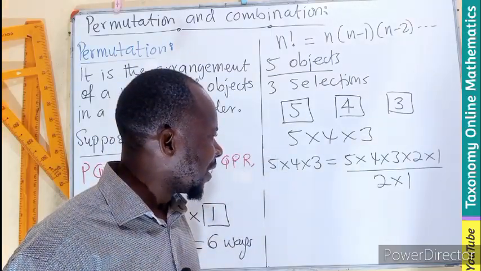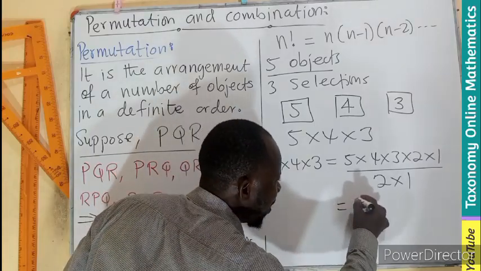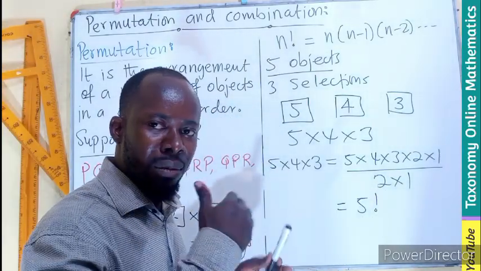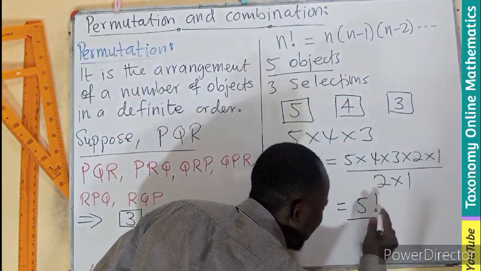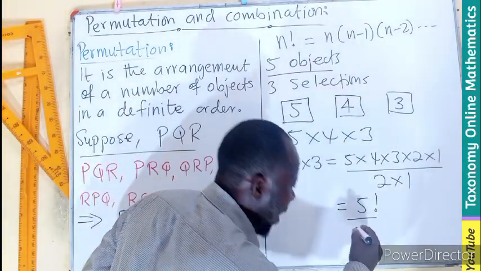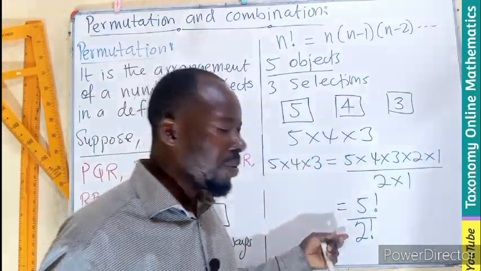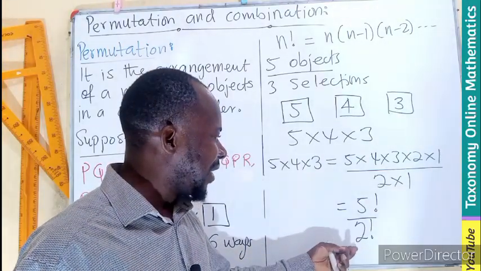Then what will be next? I can see that the numerator here is just defining 5 factorial, because from 5 to 1, we multiply all together. 5 factorial divided by 2 factorial, which is also being indicated. But I have not been given 2 factorial directly.